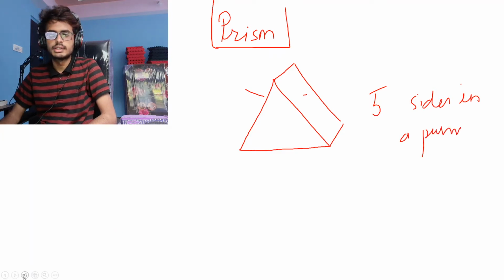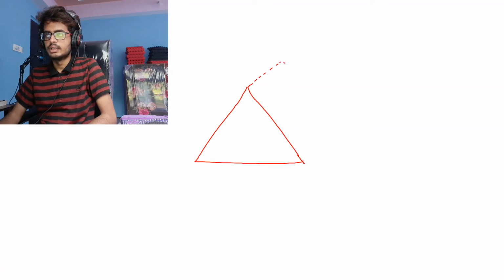So I'll draw a better diagram for this. You have the front face like this. It's a triangular face, right? Then it actually has rectangular side surfaces. So you have one rectangular side surface here, the same thing on the other side.